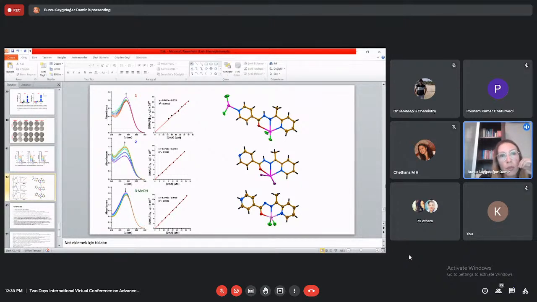Absorption spectroscopy monitored titration is a powerful tool to probe the way metal complexes bind with DNA. Any interaction between complex and DNA is expected to disrupt the ligand-centered spectral transition of the complex.